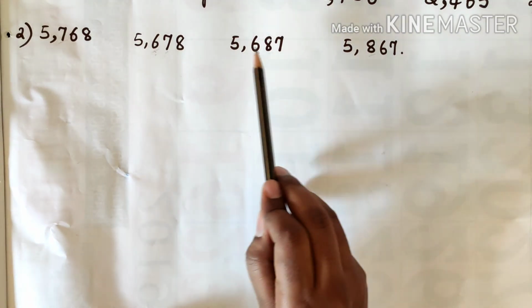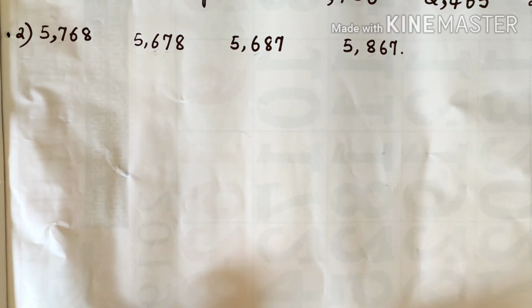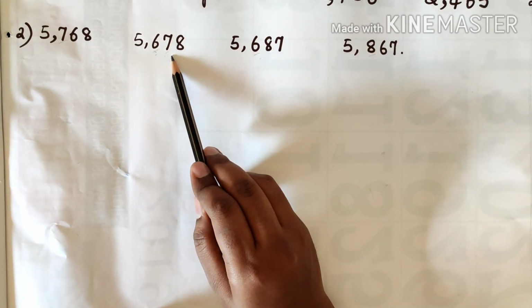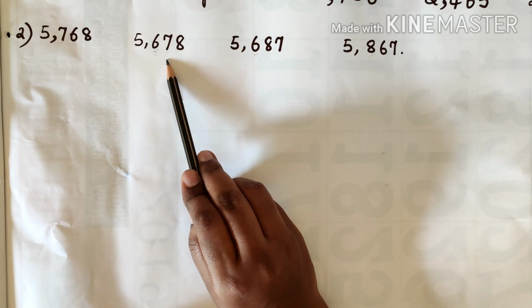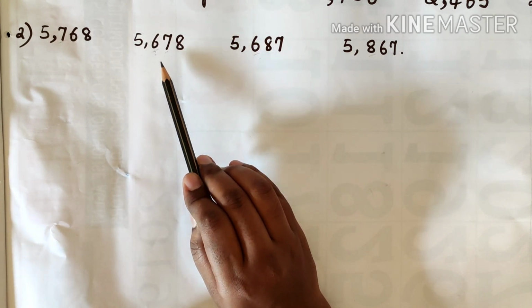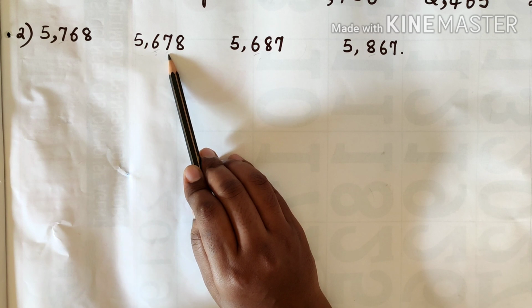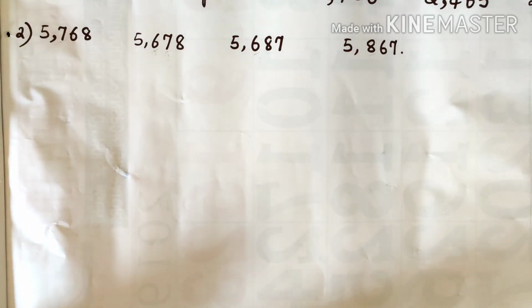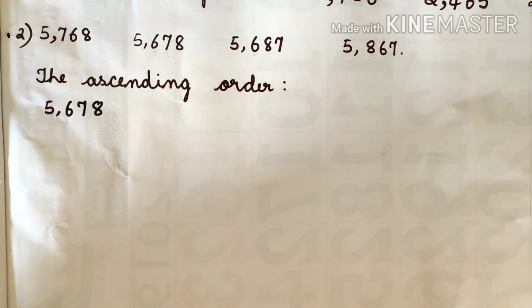So out of 7 and 8, which is smaller? 7 is smaller. So when we write the ascending order, the smallest of all the four should come first. So let us write this number first. And then let us write the next smallest number. This is the next smallest number.